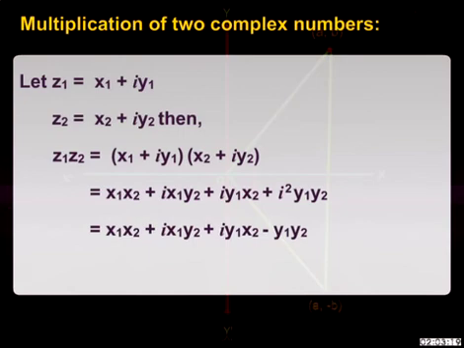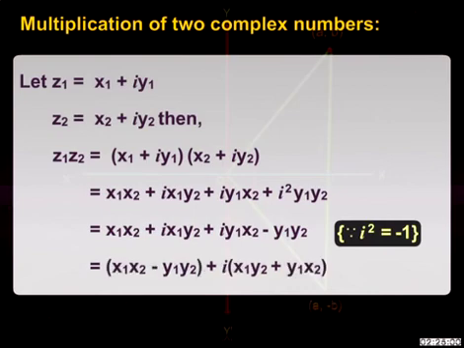That can be written as it is equal to x1 into x2 plus iota x1 into y2 plus iota into y1 into x2 minus y1 into y2, because we know that iota square is equal to minus 1. So it is equal to x1 into x2 minus y1 into y2 plus iota multiplied by x1 into y2 plus y1 into x2.